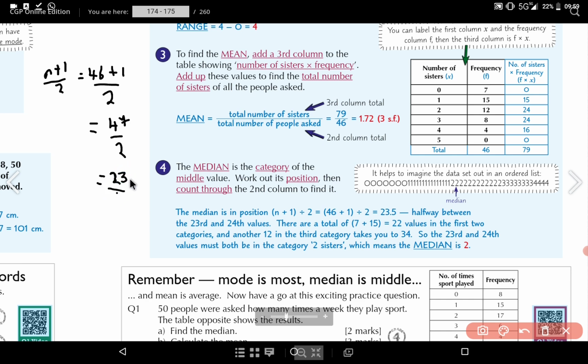Okay, so this means that it's halfway between. The position for the median is simply halfway, 23 and a half. Okay, 23 and a half simply means that it's halfway between the 23rd value and the 24th value.